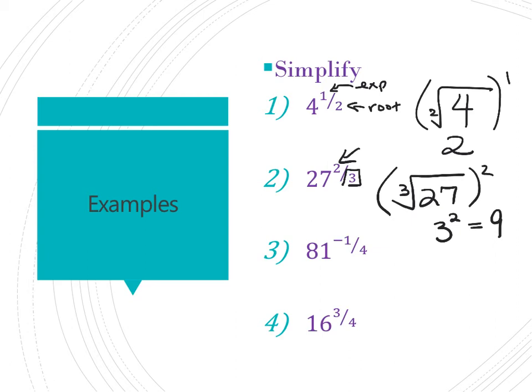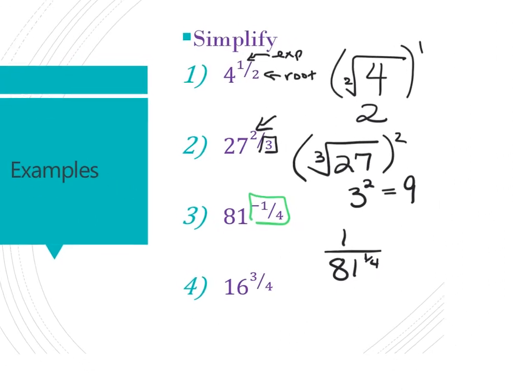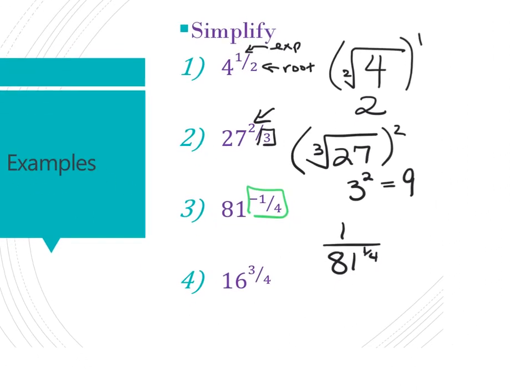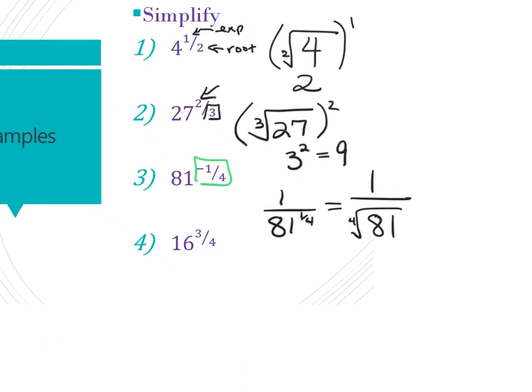Okay, we have a negative fraction exponent. So remember, a negative exponent makes it go to the bottom. So it's now 81 to the 1/4 power, but it's under a 1. Remember, the denominator of the fraction is the root. And then I have to figure out what number times itself 4 times gives me 81.